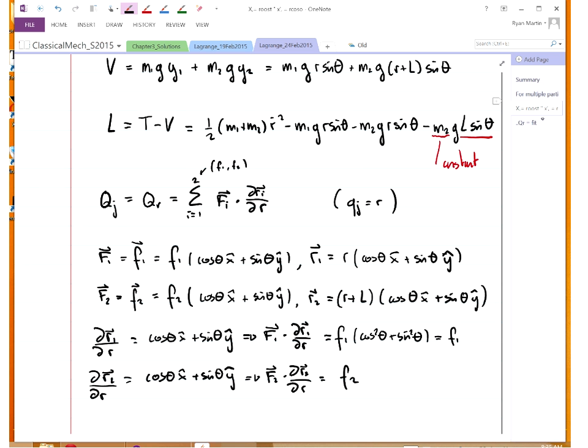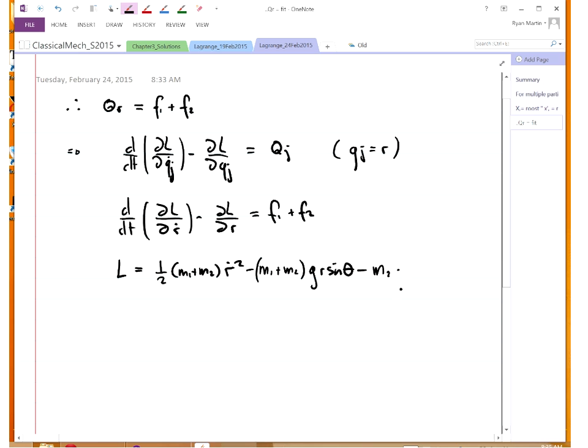And then the last term, which was the constant, was m2 g l sine theta. Remember, I made a comment earlier that this last term I don't think is going to matter.